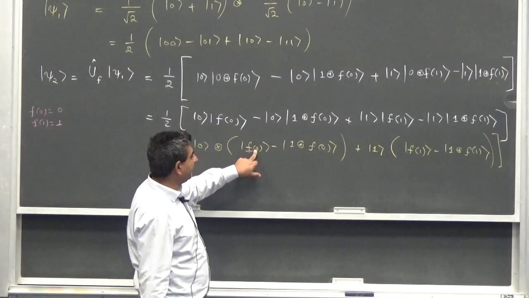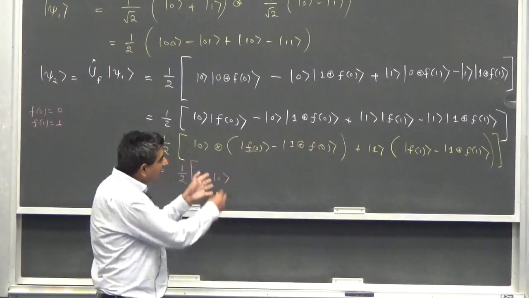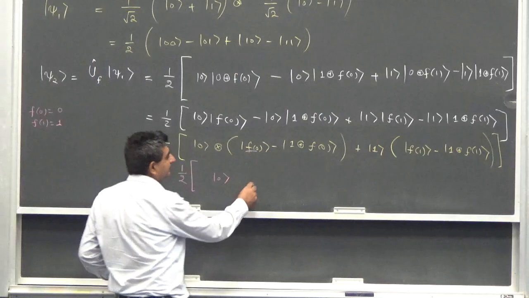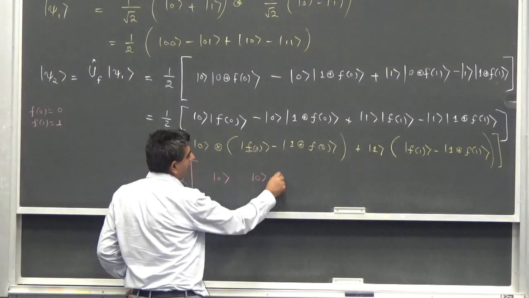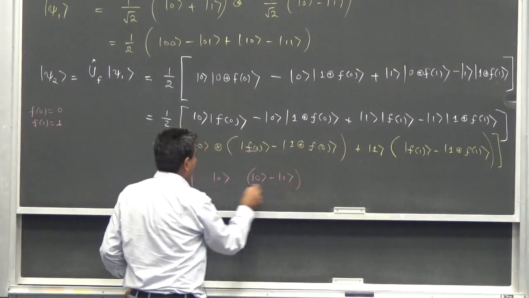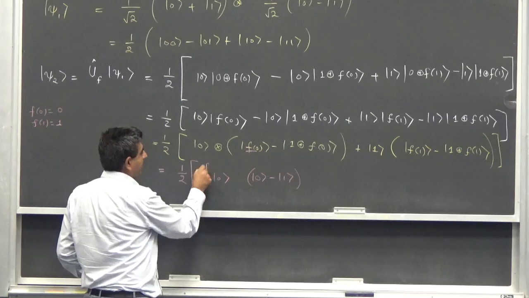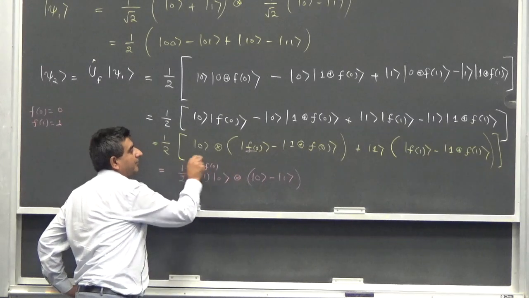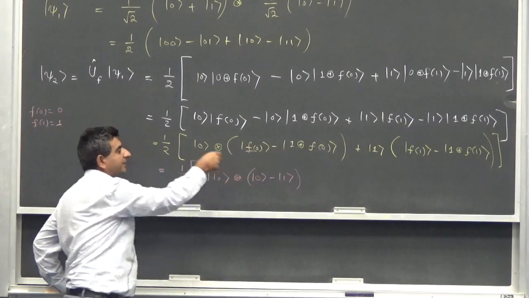If f is, so what is this thing equal to? Can I come up with a general form for this? Can I write this 2-qubit state in this form?